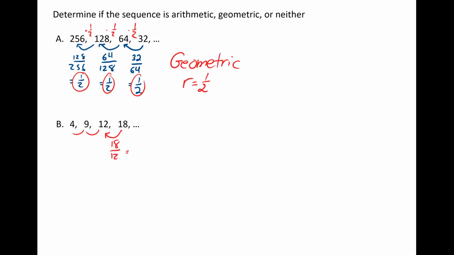Well, that would be reduced, 9 over 6, 3 over 2. 12 divided by 9, reduced that would be 4 over 3. And already I'm different, so I'll just stop there. This is neither geometric nor arithmetic.